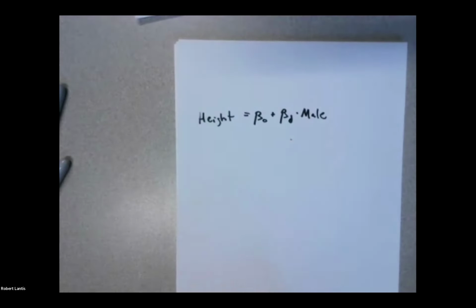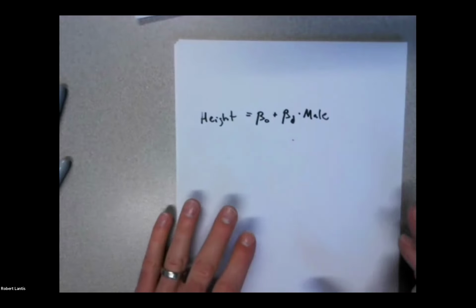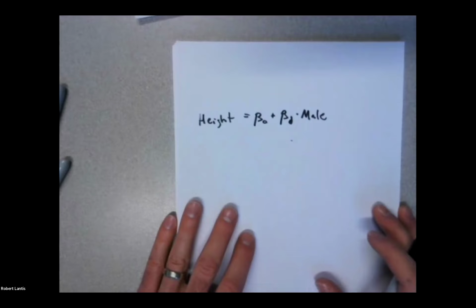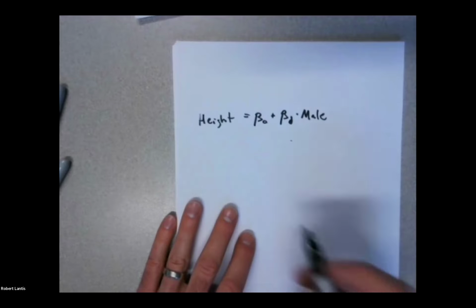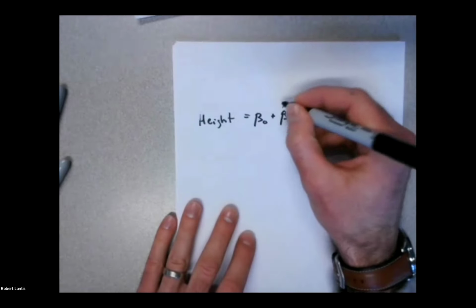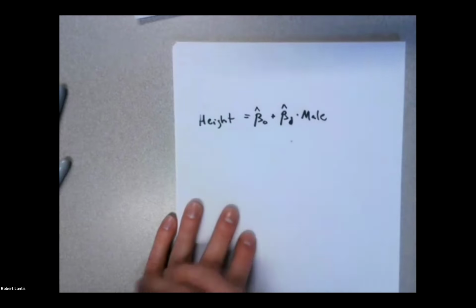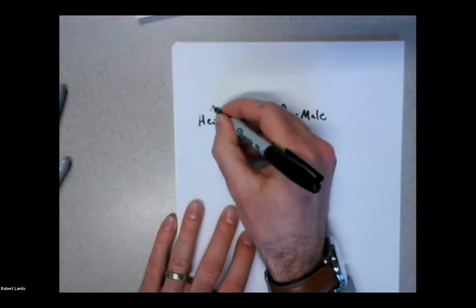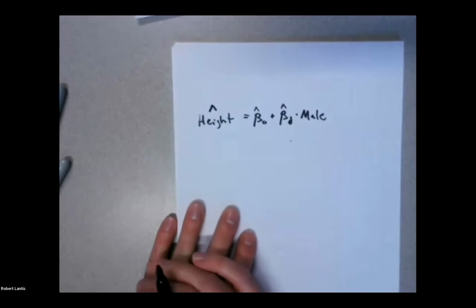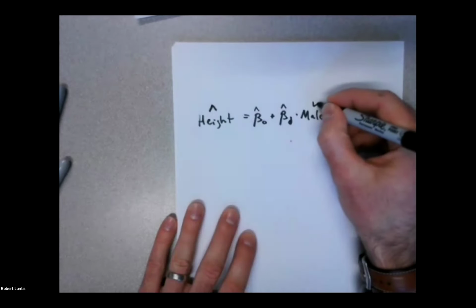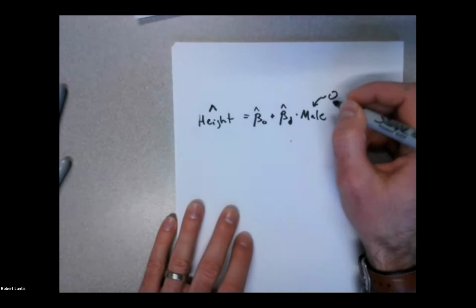If I wanted to predict the average height, so this is a very simple linear regression, for someone who's female, if I had these estimates, how could I come up with my predicted height? Well, if they're female, this variable would be equal to 0.